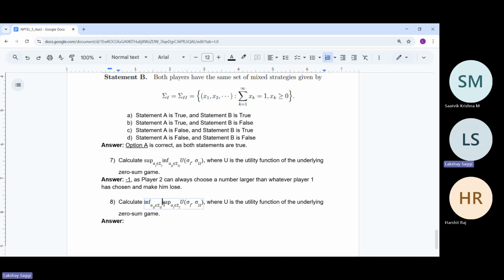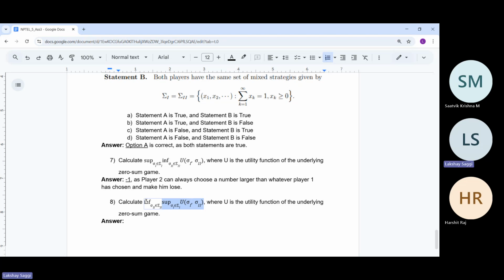And so player one can always maximize this utility function to one, because player one can always make himself win. Whatever player two chooses, player one will choose something greater than that. And so player one will always win. So this supremum comes out to be one.